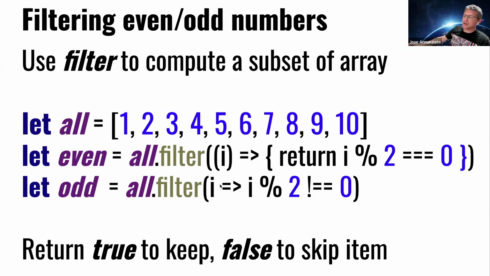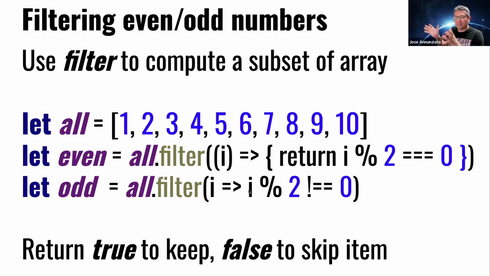Here's the same one, but computing the odd numbers, and it's using a much more compact syntax. Notice that it has dropped the parentheses, even though my IDE is not going to allow me to do that. Notice that it only has one return, so it doesn't have the curly brackets and it doesn't have the return keyword.